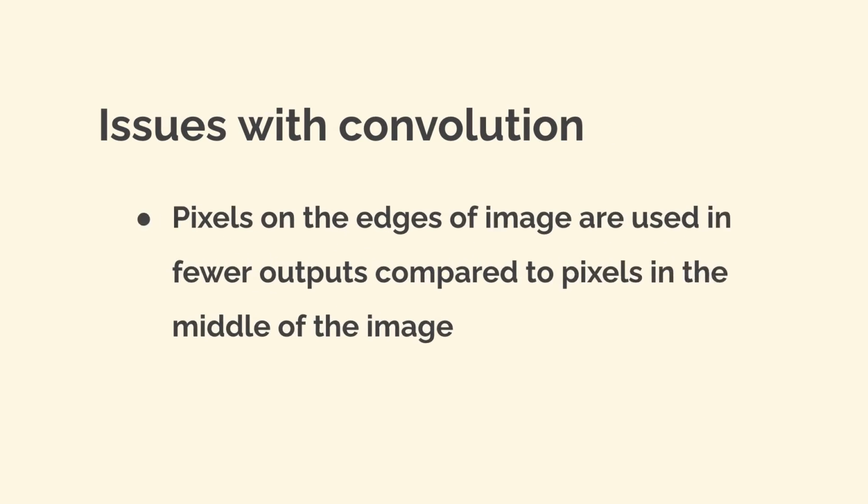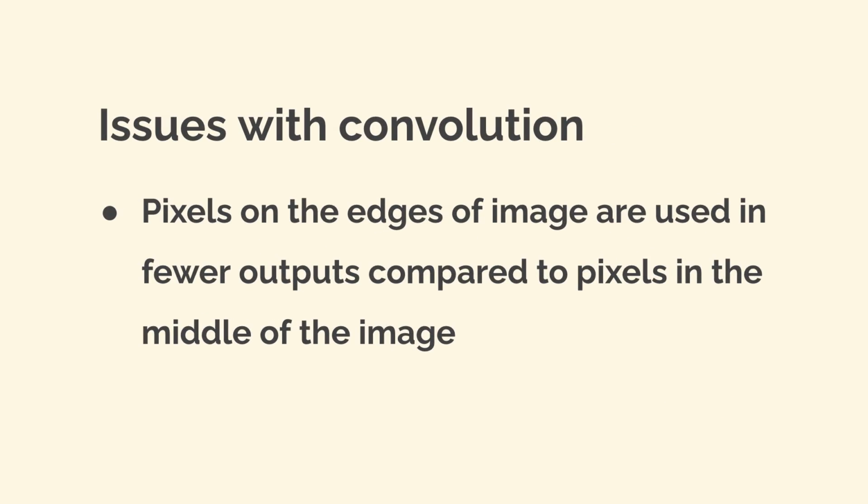There are some issues with convolution that we have to handle. For example, pixels on the edges of an image are used in fewer outputs compared to pixels in the middle of an image. This might not be something that you intuitively grasp immediately, but as you look more into convolutional neural networks and build them, you will see that this is the case.